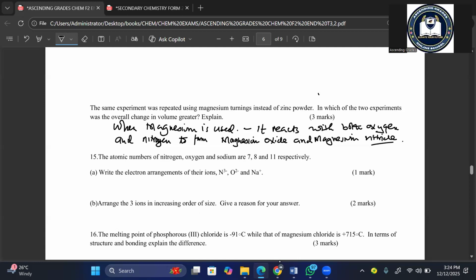And then you are told, write the electron arrangement of their ions. So we can start with the nitrogen ion. Then we have the oxide. Then we can have the sodium.